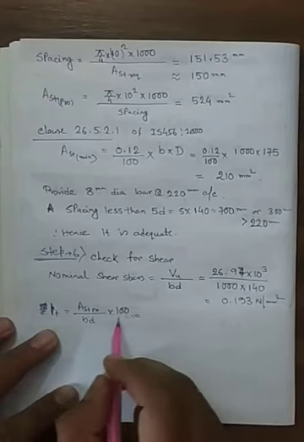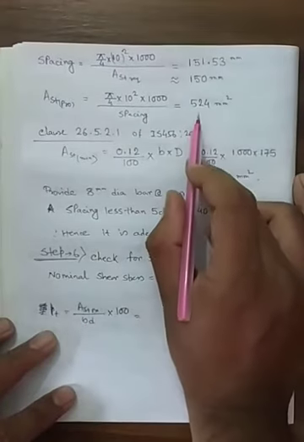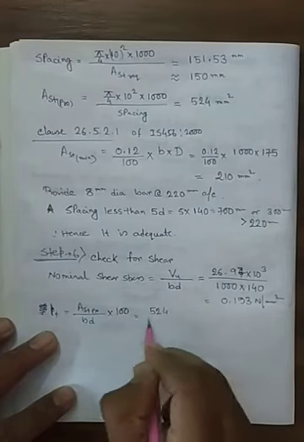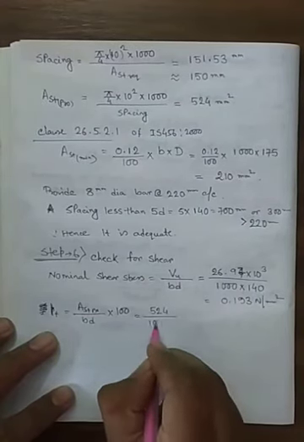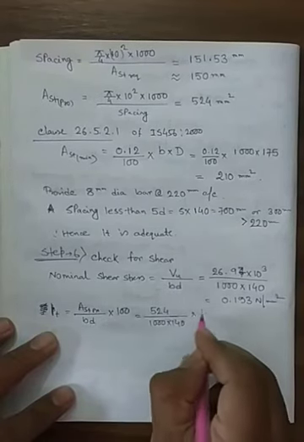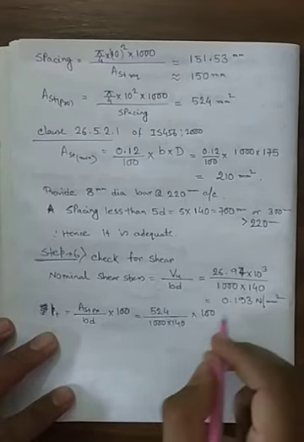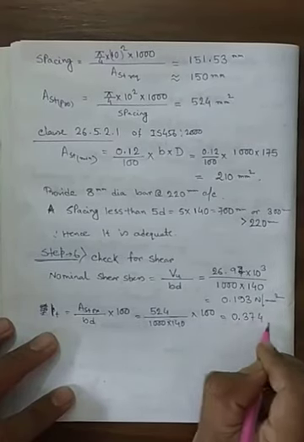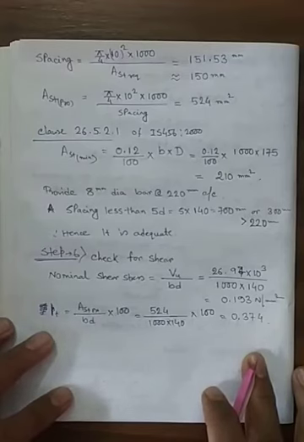So our AST provided is 524 millimeter square divided by BD, that means 1000 into 140, into 100. So this value comes 0.374.